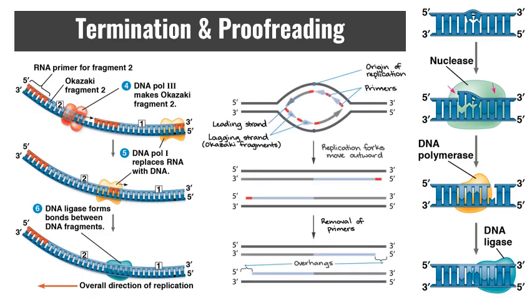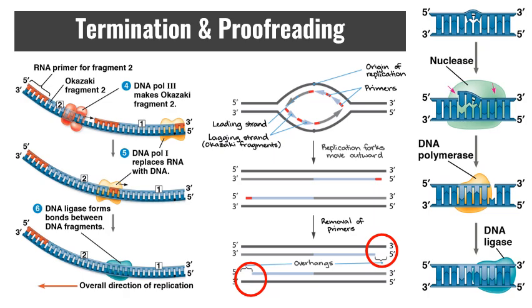The real question gets to the ends. If DNA polymerase can only extend a double-stranded structure, then we have a bit of a problem. The final primer on the 5' end is not replaceable by DNA polymerase. That RNA will be left and will eventually fall off, creating an overhang, as you can see down here.